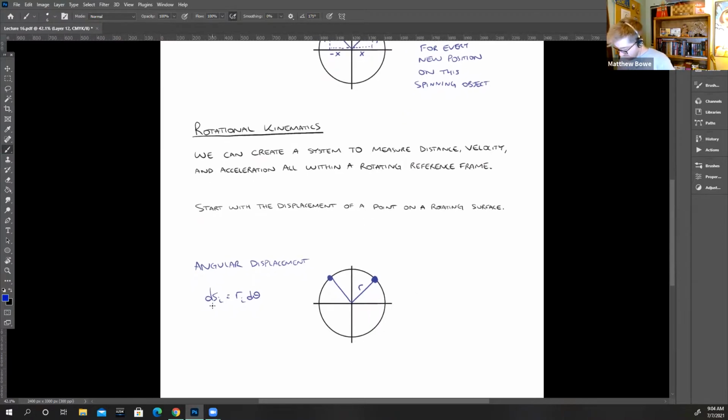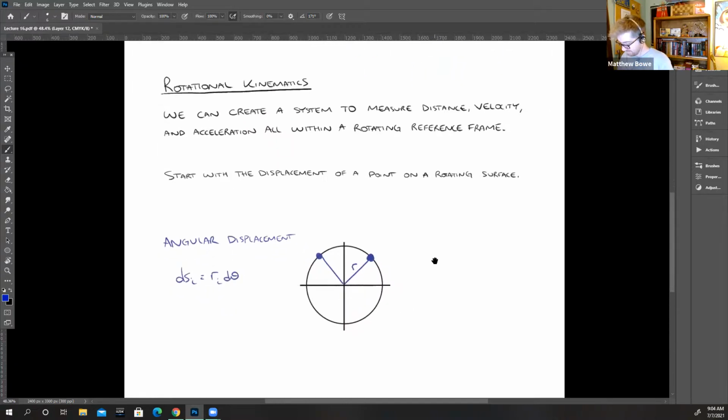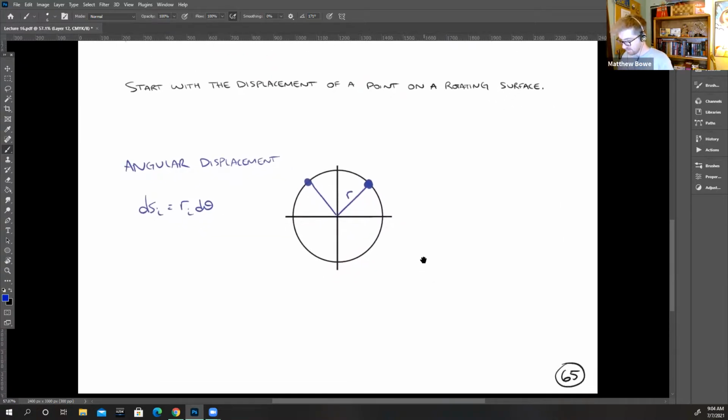So what this equation is saying right here is that angular displacement is how far along this curved path did this object move. So that curved path is this right here.